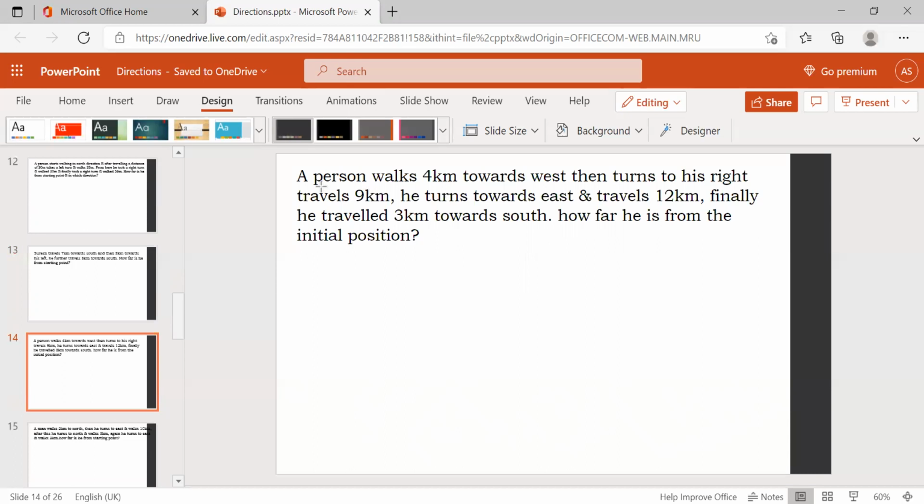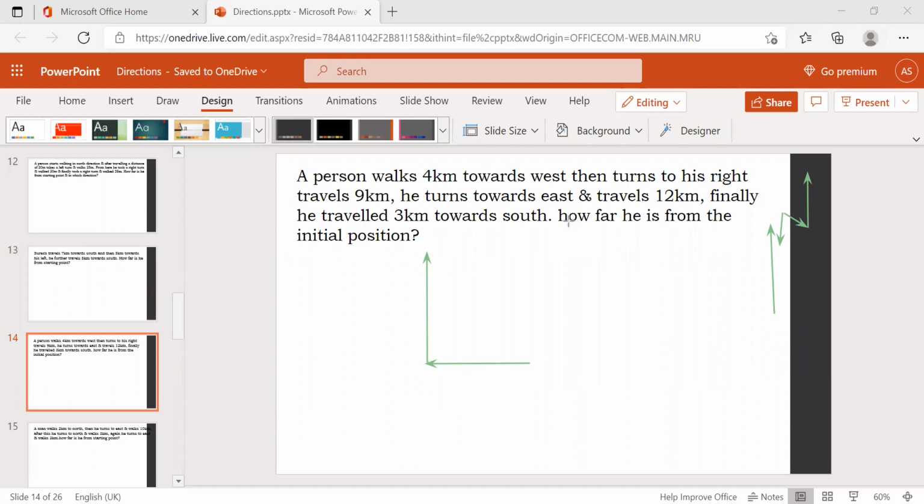So what they are saying, first of all, a person walks 4 kilometers towards west. So assuming this is north, this will be west, right? So towards west 4 kilometers. Then he turns to his right. So west to right is nothing but north side, and travels 9 kilometers.